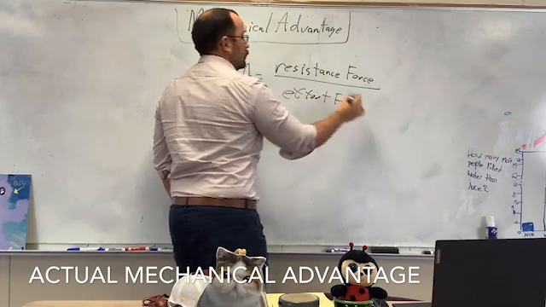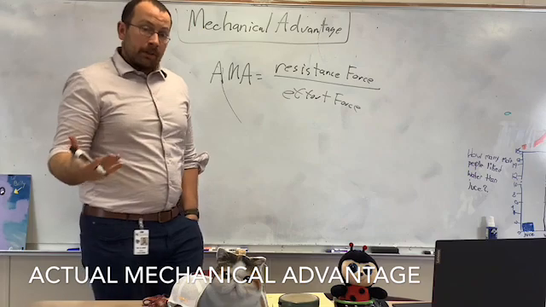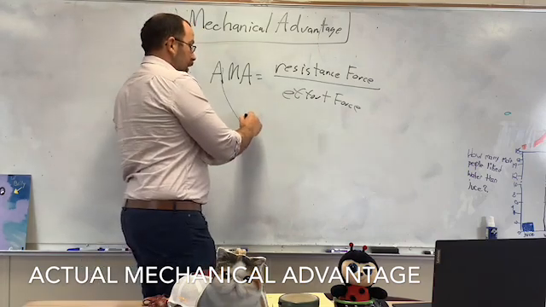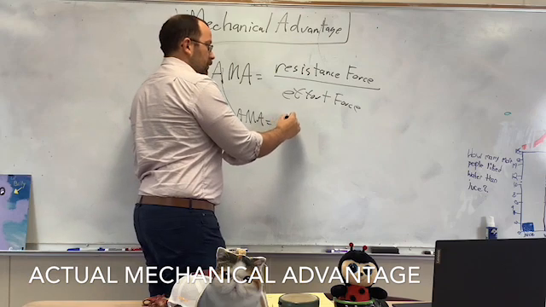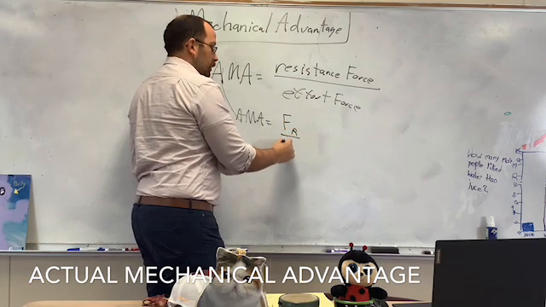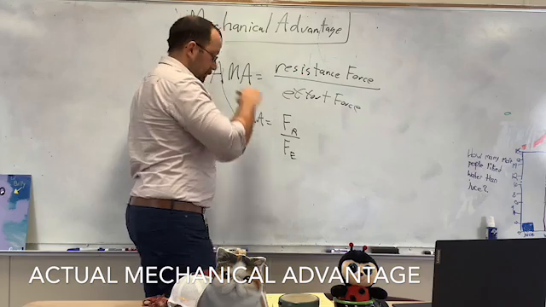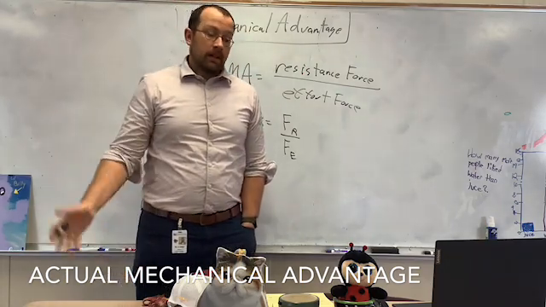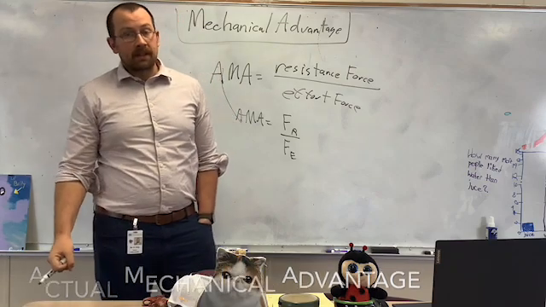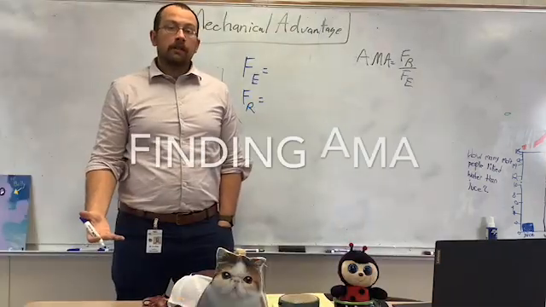I'm going to abbreviate this as AMA equals FR over FE, just to make things a little bit easier. Now I'm going to show you a couple of examples of how to do this mathematically.